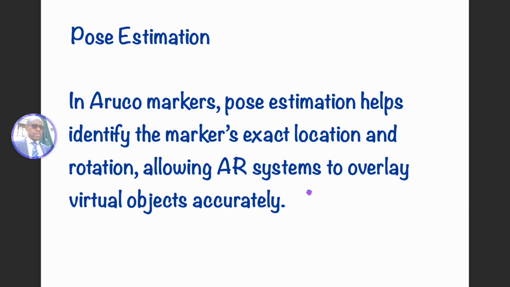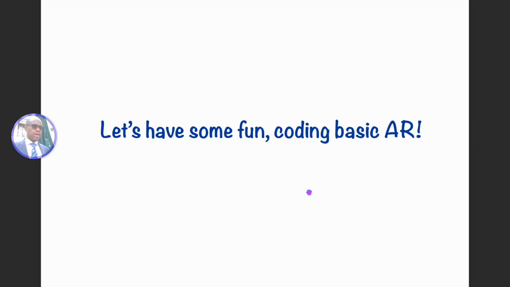In Aruco markers, pose estimation helps identify the marker's exact location and rotation, allowing augmented reality systems to overlay virtual objects accurately. So let's have some fun coding basic augmented reality.